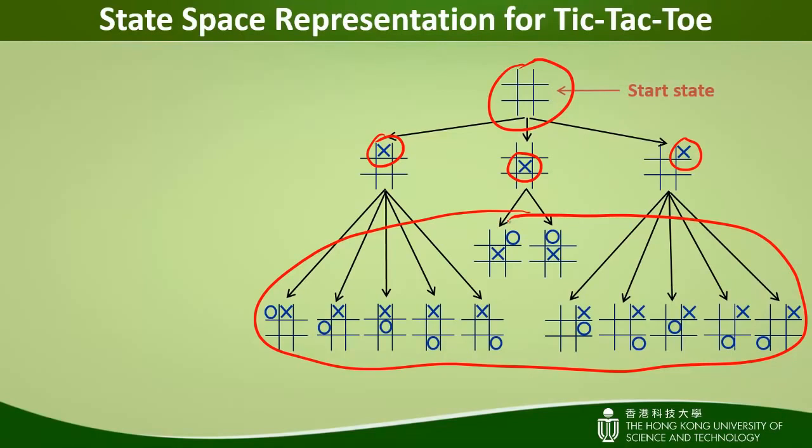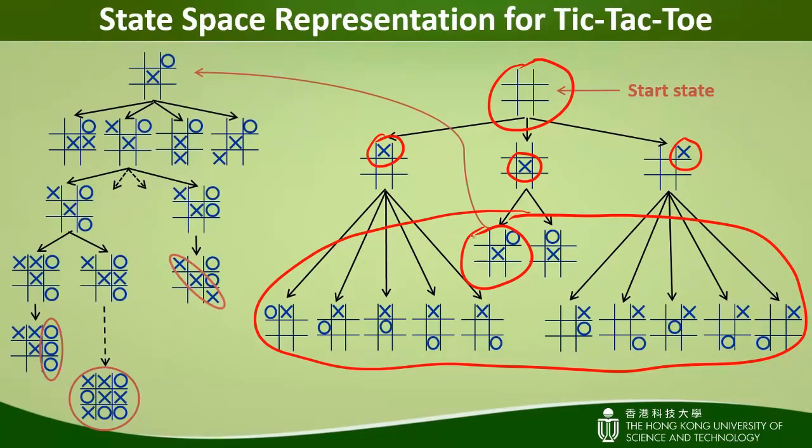Guess how many possible states there are? If you are patient enough to trace all the possibilities, you'll find that there are over 250,000 possible move sequences. Instead of going through all these cases, let's further expand just one particular case here.